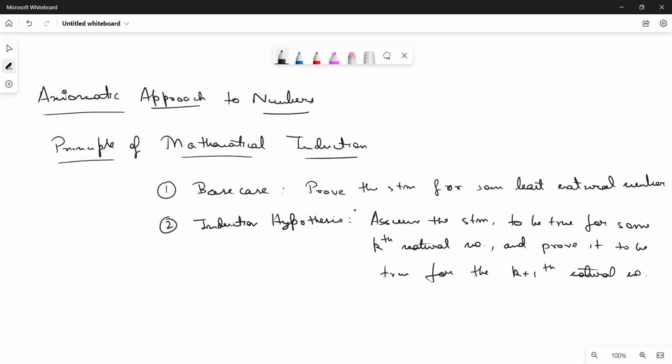Now the question is, how is this principle of mathematical induction built up? Why do we use these two steps to prove a particular statement for all possible natural numbers?